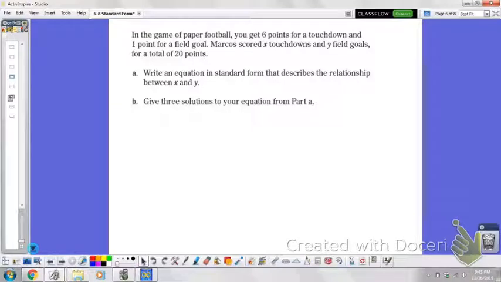So to write our equation, let's take a look at what it tells us. It tells us we get 6 points for a touchdown, and that we're using X for touchdowns. And then it also says we get 1 point for a field goal, and that we are using Y for field goals.